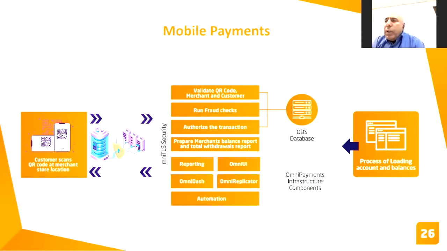Within this, the application can be quite complex. The transaction can be built such that the QR code is mapped to a merchant, and then payments are made to the merchant, and then at end of day, settlement is done for the merchant. Next.